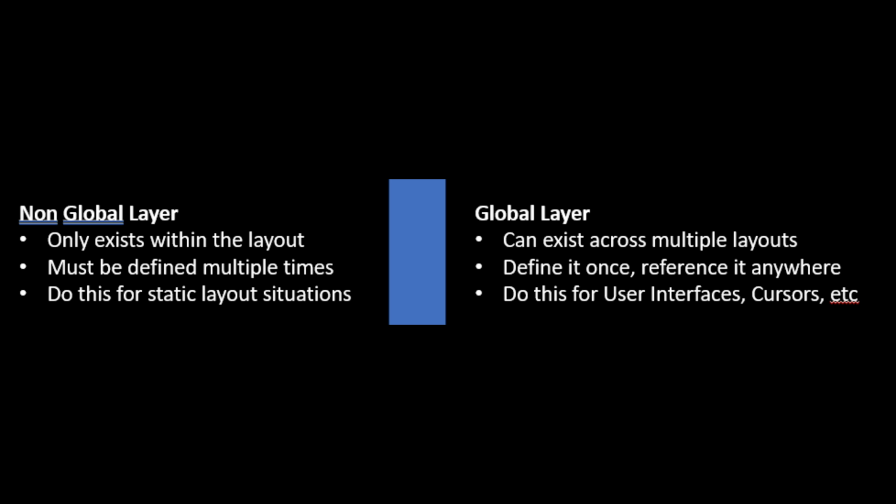So if I were to change layouts to the pool, that layer 0 is completely different than the layer in the front of the house layout. So non-global layers are independent, and they exist in the context of their own layout. If that sounds like a lot, feel free to rewind and hear me say it again. I know it's a lot, but I'm trying my best to explain that. So non-global, basically independent, they do their own thing.